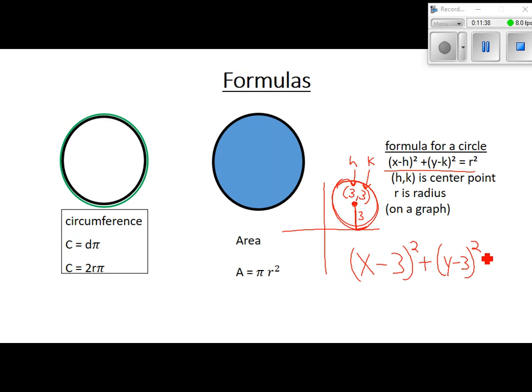I just made this one, tried to make it easy on myself. And then the radius, well, we figured out the radius right here. That distance from there to there is 3. So it'd be 3 squared or 9. So the equation of this circle would look like x minus 3 squared plus y minus 3 squared equals 9. That's the equation of that circle.